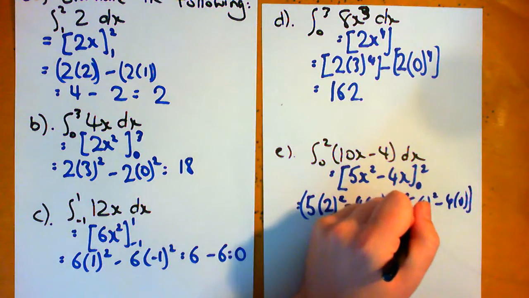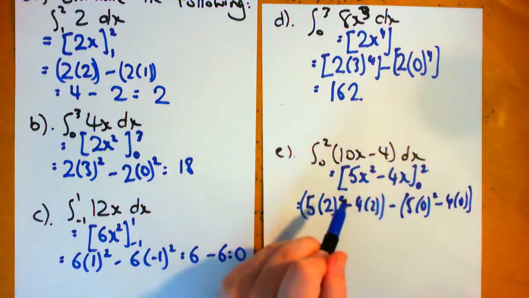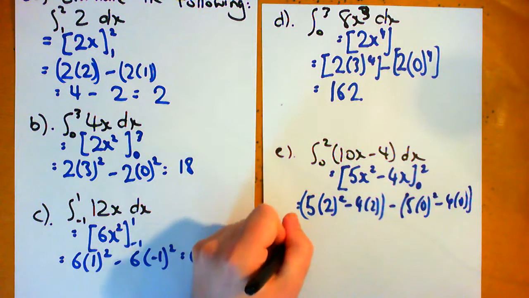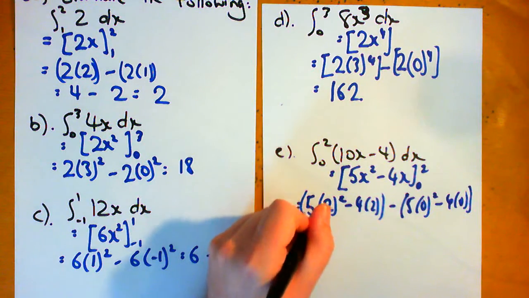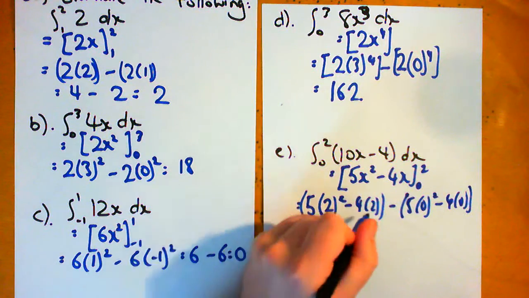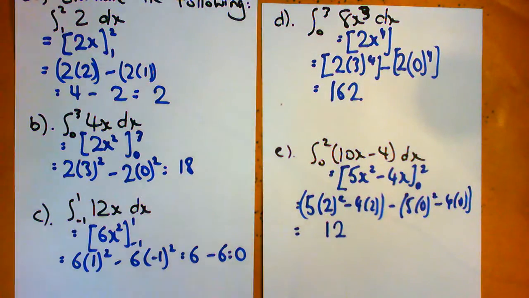So this is going to be all 0, because 5 times 0 squared is 0, 4 times 0 is 0. So the key bracket is this one. 2 squared is 4, times 5 is 20, 4 times 2 is 8, 20 minus 8 is 12.